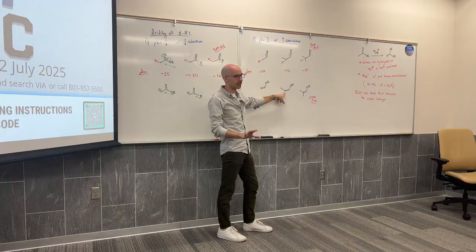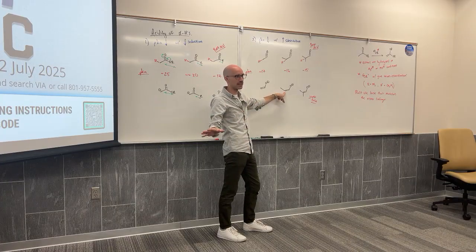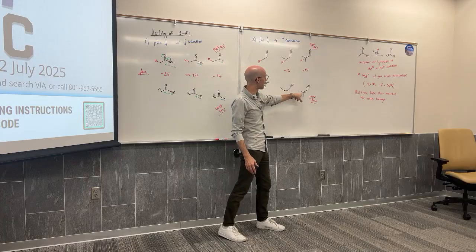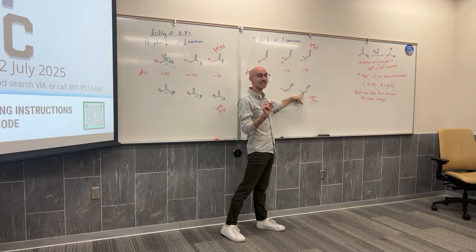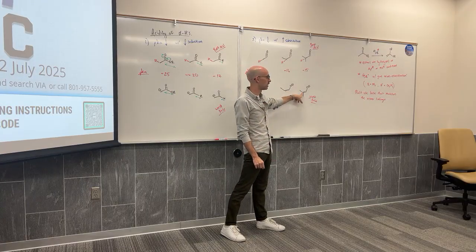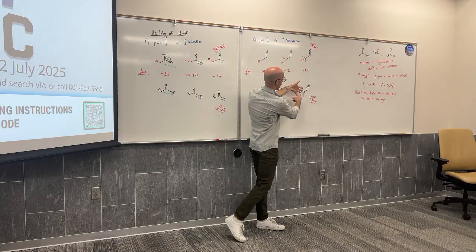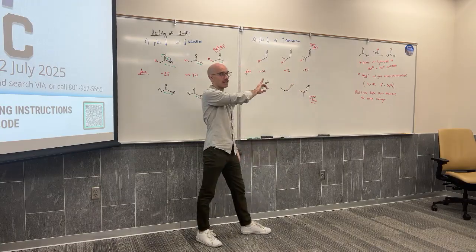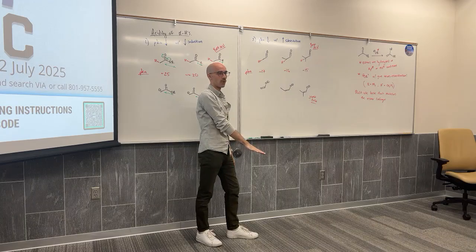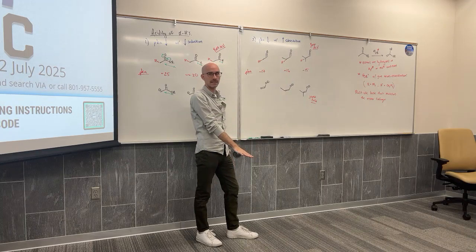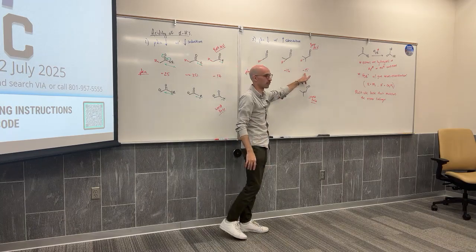A secondary carbon cannot hold a negative charge very well. There's a lot more electron density causing it strain. A tertiary carbon is terrible at holding a negative charge. So these other groups are actually pushing the electron density back towards the oxygen, which is going to make it less basic, lower pKa.